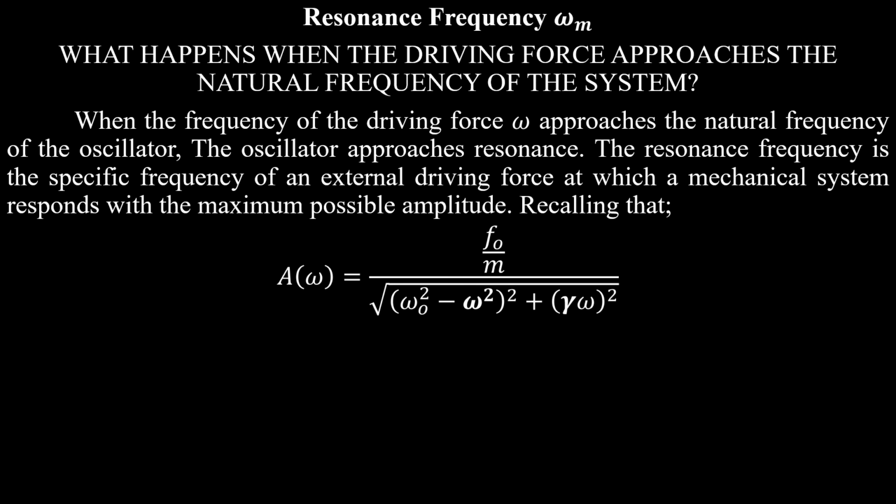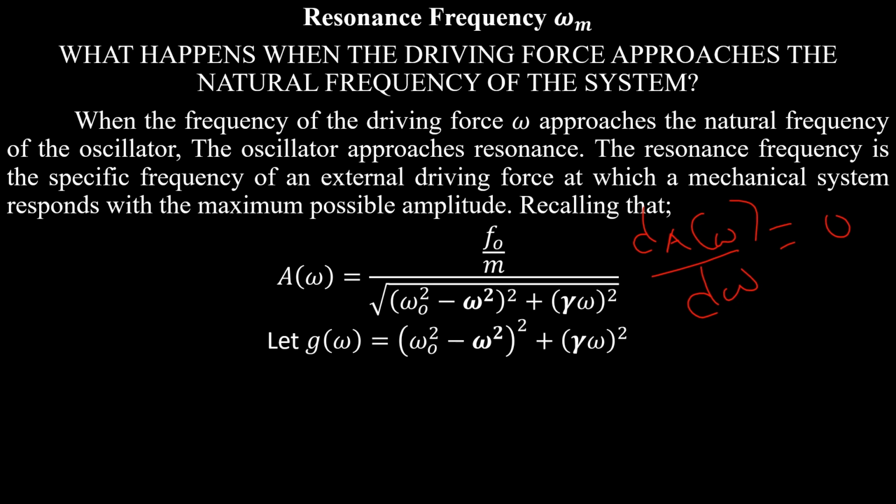So this is our amplitude of the system, the steady state solution. Now we can get the maximum possible amplitude when we differentiate dA of omega over d omega. If we differentiate this and equate it to 0, we'll get the maximum possible amplitude.